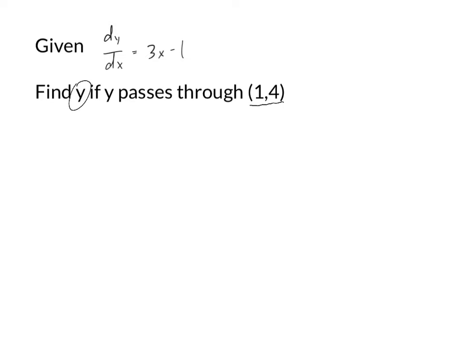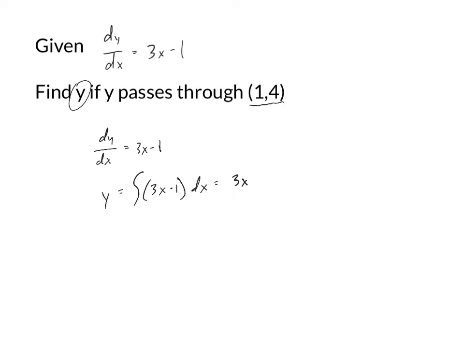The first step, though, is if I have dy over dx equals 3x minus 1, y would equal the integral, the antiderivative of 3x minus 1 with respect to x dx. All right, so I can do that antiderivative.